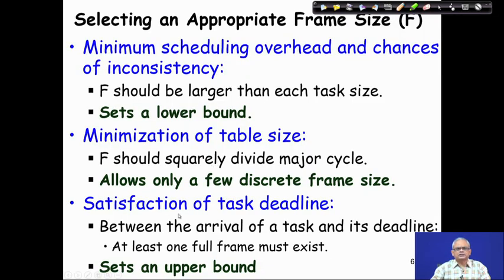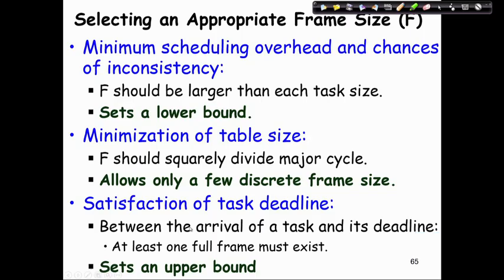The third consideration is every task must meet its deadline, and for this to happen, there must be one full frame between the arrival of a task and its deadline.